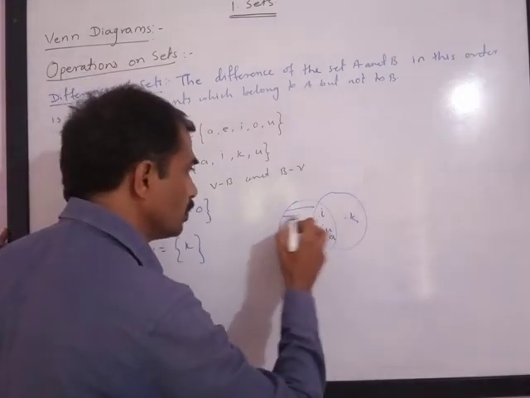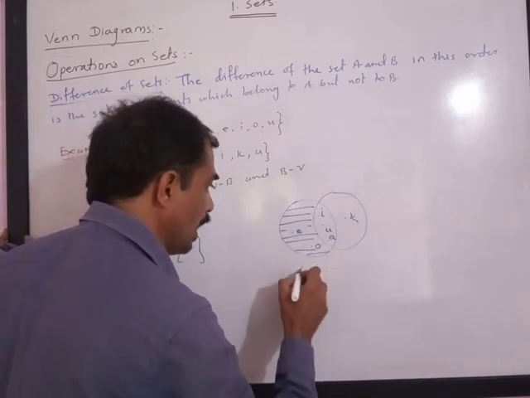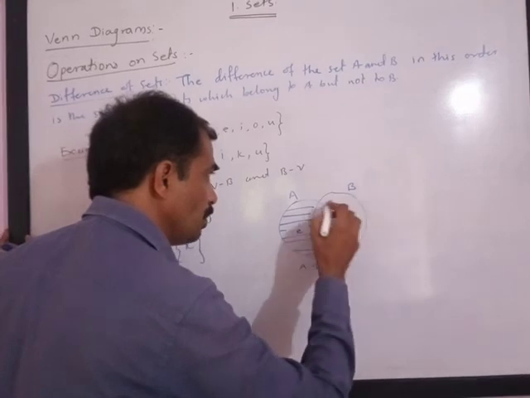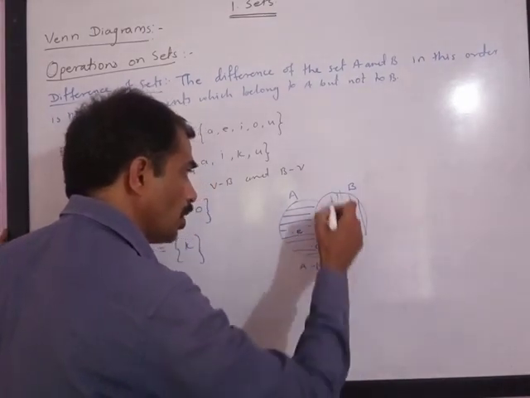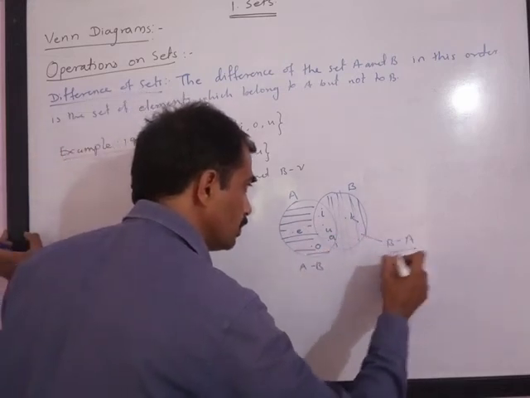This portion is A minus B. If this total set is A and this total set is B, then this which I have shaded from top to bottom is B minus A.